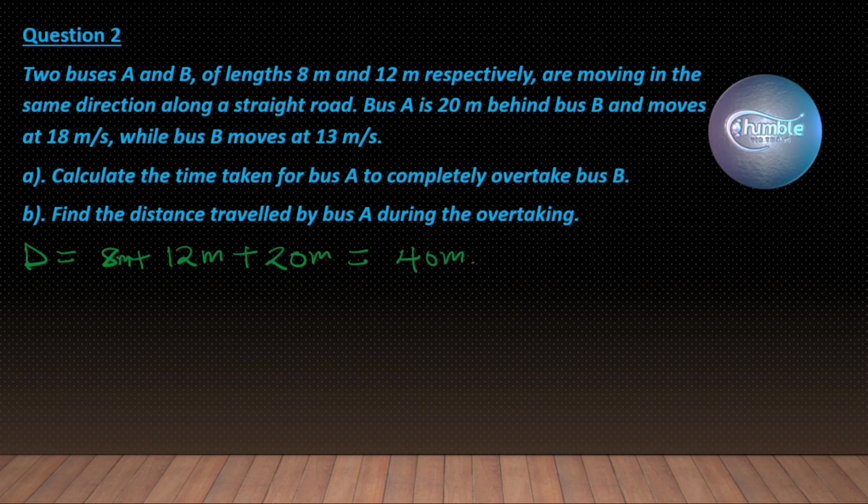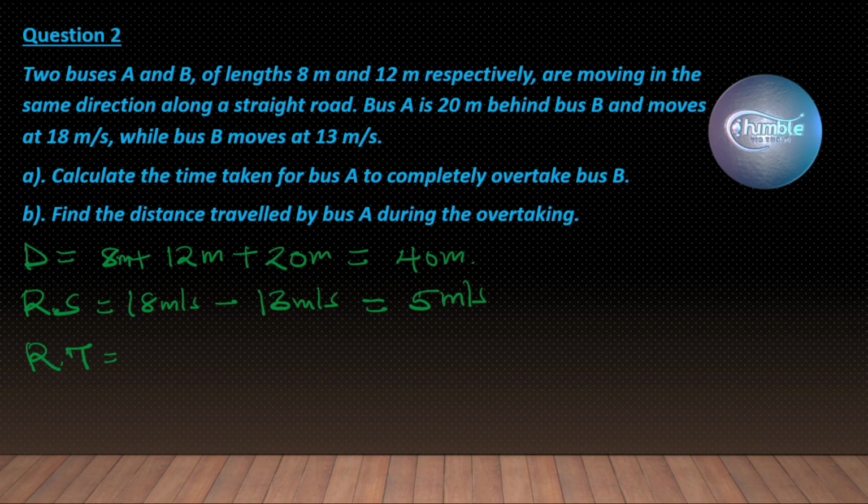And then relative speed, the difference between the two speeds. So we have that A is 18 meters per second and B is moving at 13 meters per second. The difference between that is 5 meters per second. So therefore time, that is also called relative time.